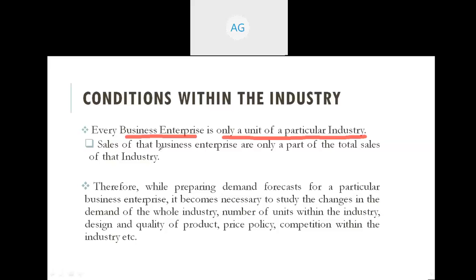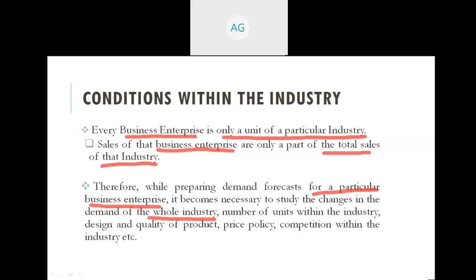So sales of that particular organization or company are only a part of the total sales of that industry. Means all the small companies contribute to the textile industry. So therefore, while preparing demand forecast for a particular business enterprise, it becomes necessary to study the changes in the demand of the whole industry.